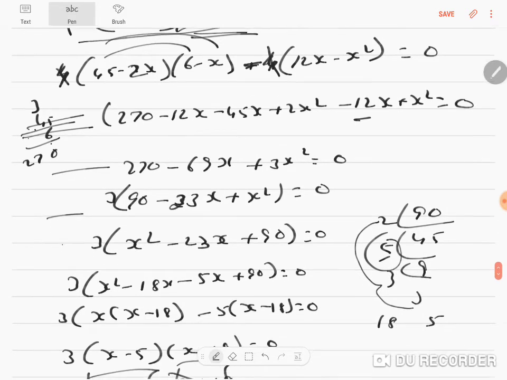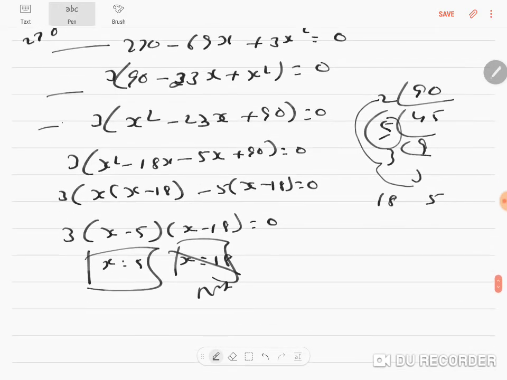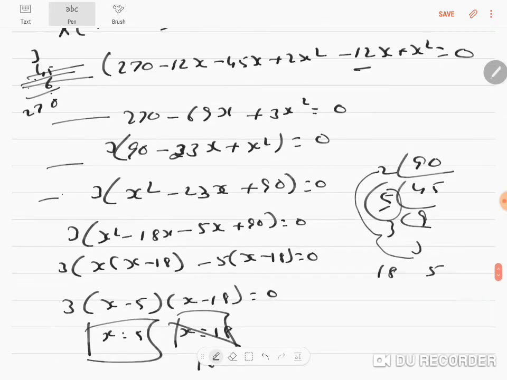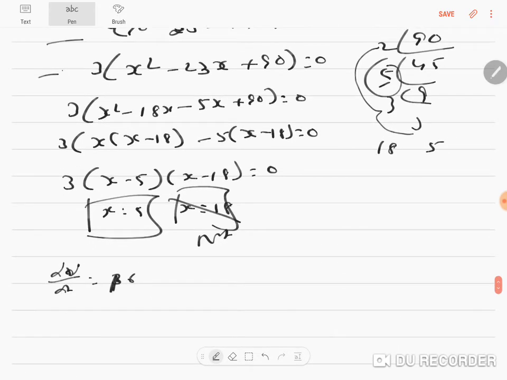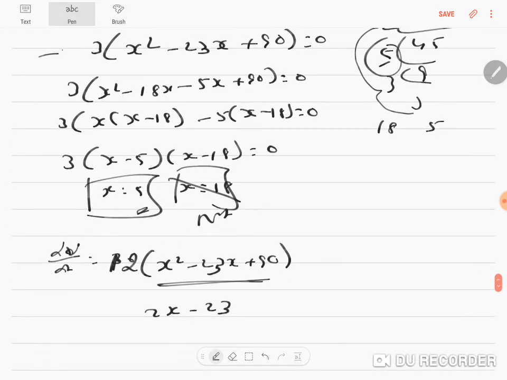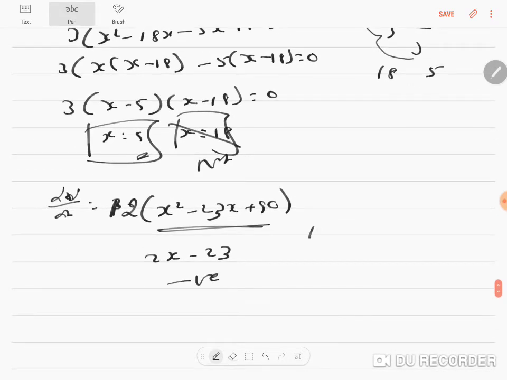So d volume by dx is equal to 12 into x square minus 23x plus 90, all that matters is this is what you are going to differentiate, which is 2x minus 23. What is x? X is 5. 5 2s are 10. So this answer is negative. So the volume that you got is definitely maximum.